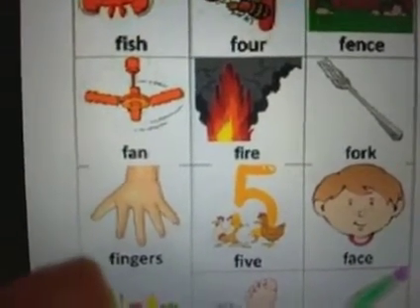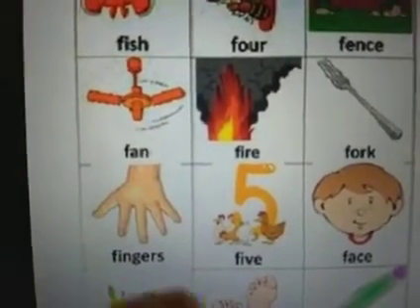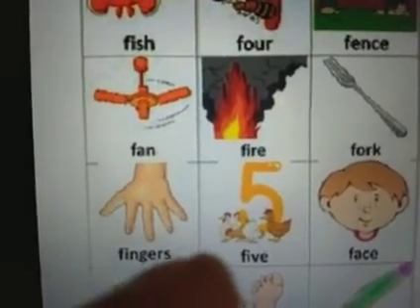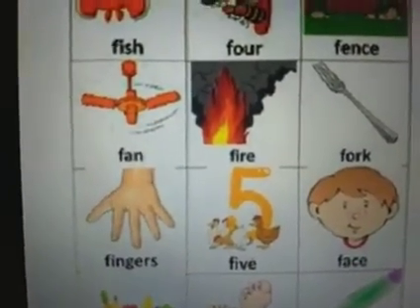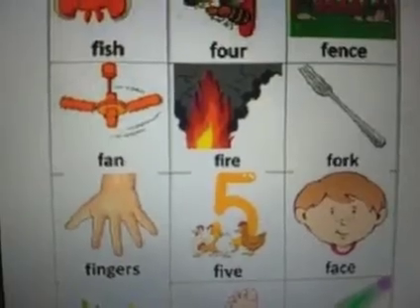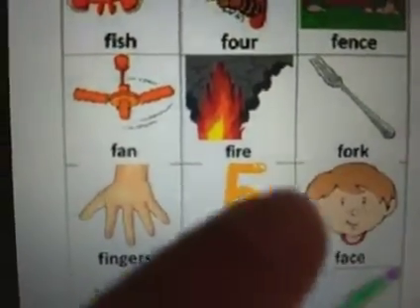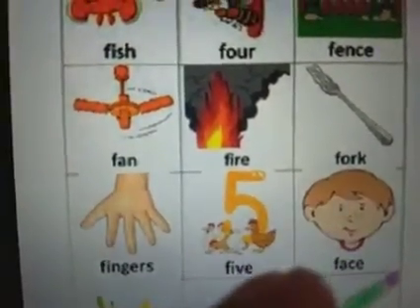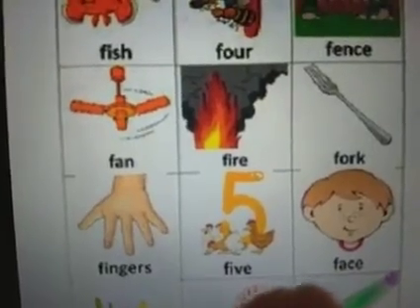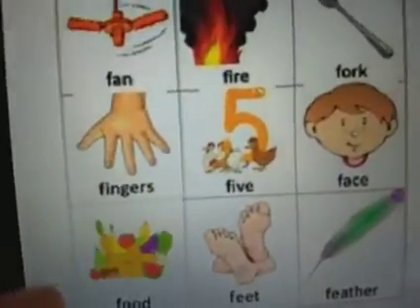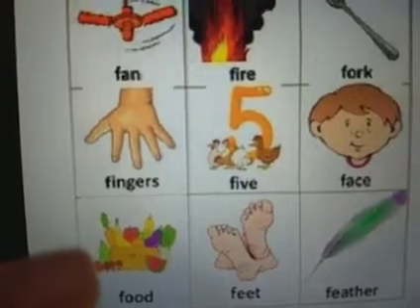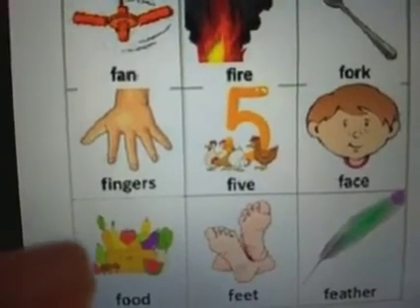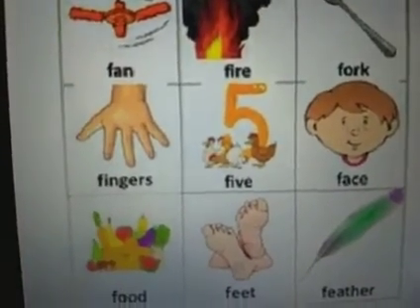Then we have fingers. Five. This is the number 5. Again, beginning with the sound F. This is called the face. Face. Food. Or you can also call it, we have some fruits as well in here.